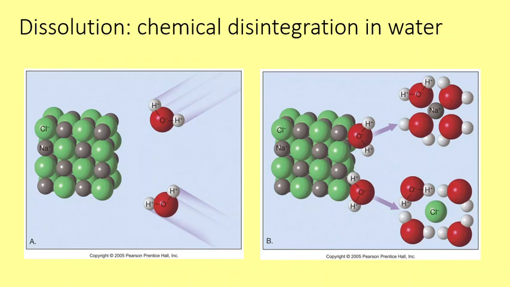Think of dissolution as chemical disintegration in water. So imagine that we have a halite crystal, a salt crystal, that we plunge into water in the left-hand diagram, and immediately water molecules begin to attack that crystal and tear it apart at the molecular level. That's what's happening in the right-hand diagram.